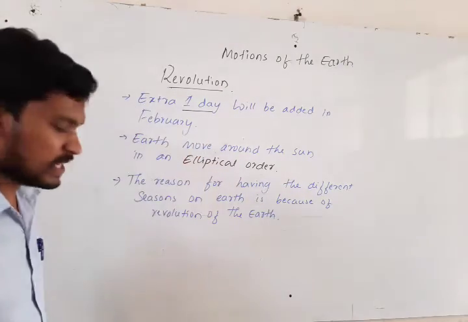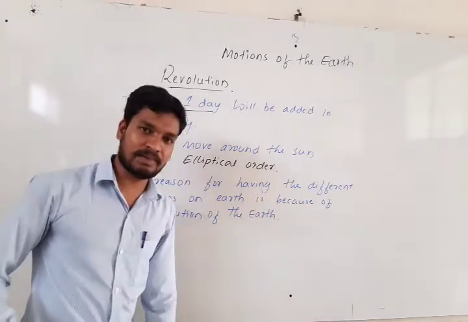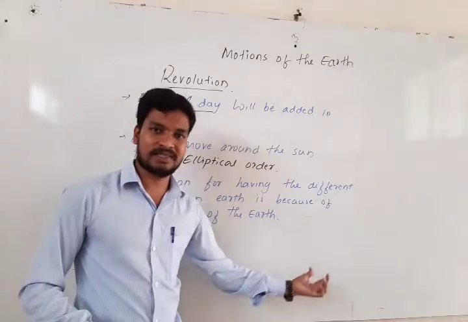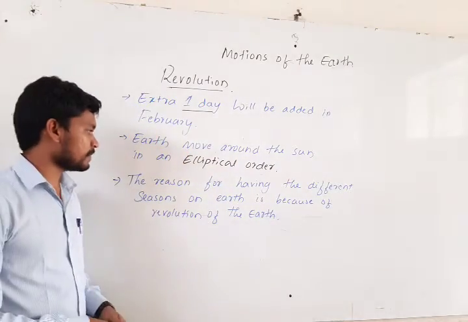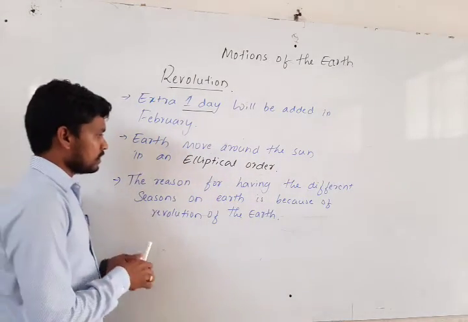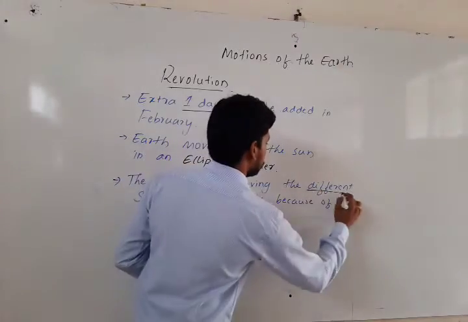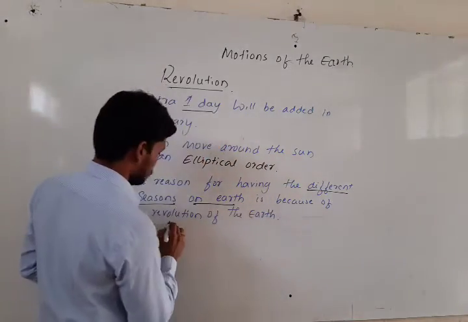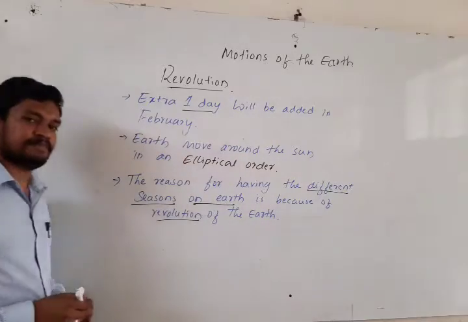You know, revolution of the Earth around the sun, that we understand. In the notes, there is no need to write revolution of the Earth around the sun again, it's a waste of time. So here we have different seasons on Earth because of the revolution of the Earth.